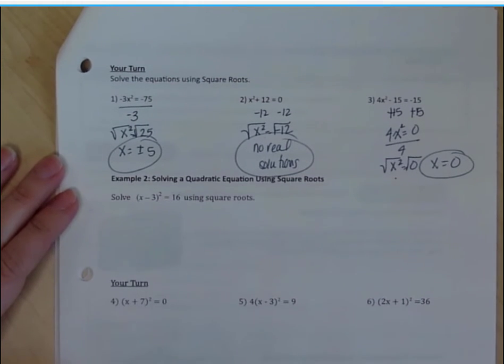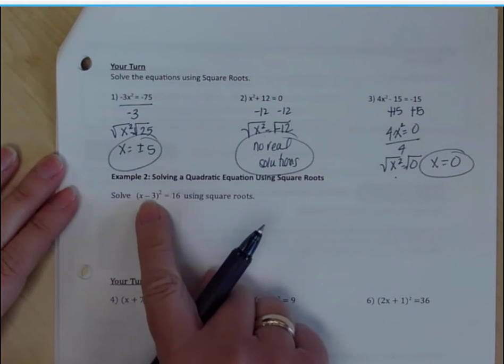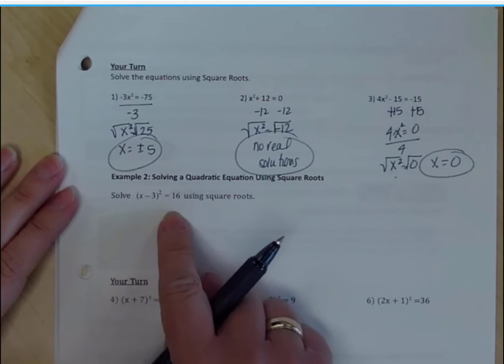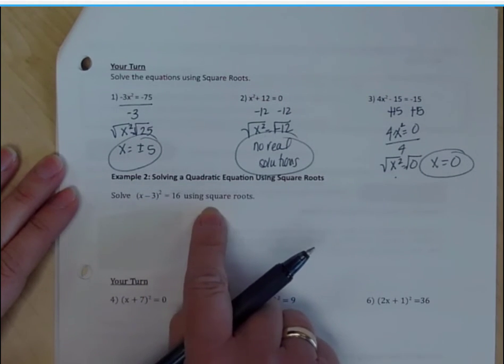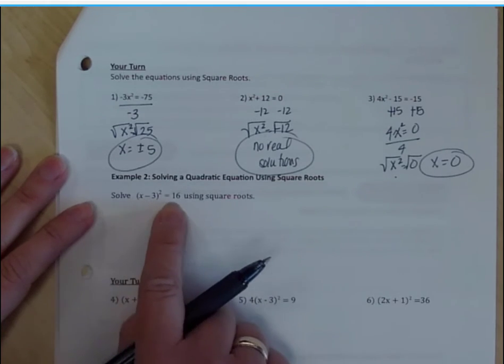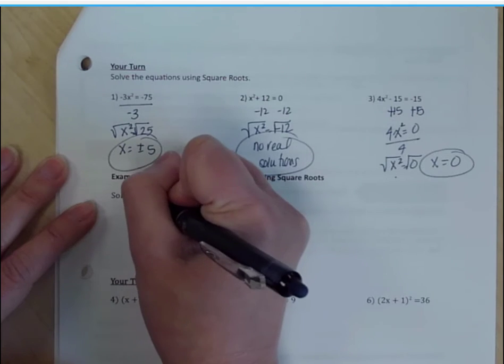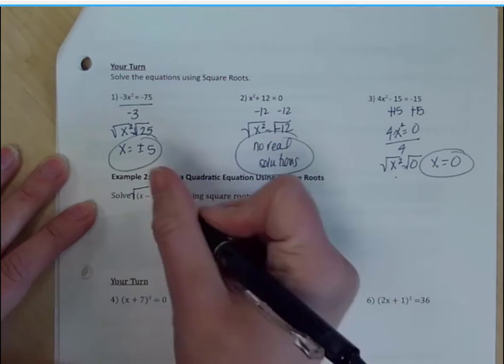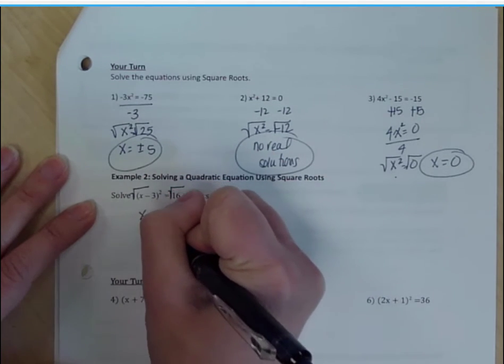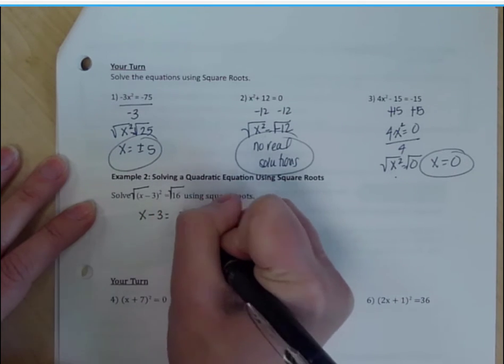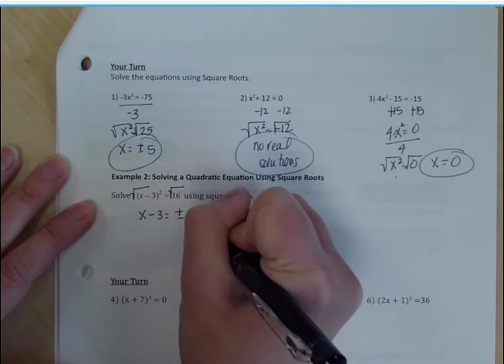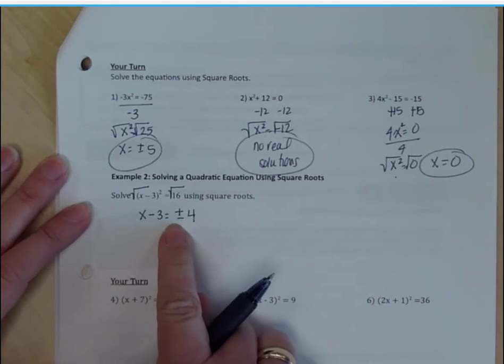Let's take a look here at example 2. So I want to solve the quantity of x minus 3 squared equals 16 using square roots. Well, what's nice is this is a perfect square and this is a perfect square. So what I'm going to do is find the square root of both. Now when I do that, I get x minus 3 equals plus or minus 4. Be careful here.